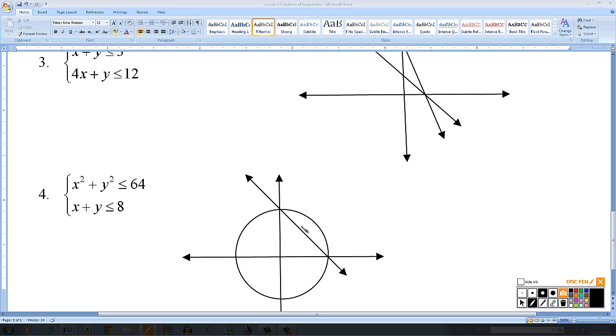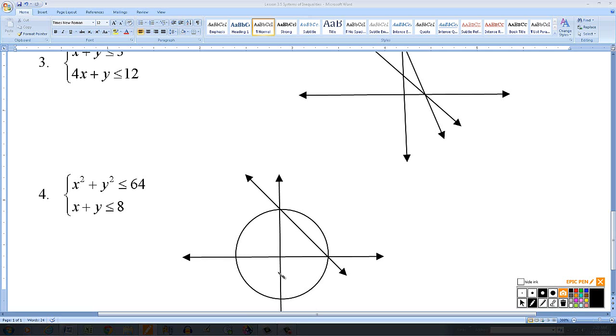For the second one, if I use again the test point 0, 0, replacing the x and the y by 0, I get 0 less than or equal to 8. That's true. Okay, so since the test point falls below the line, then I want to shade below the line. So for your solution set, I want the region that's common to both these two solution sets. So for the final solution, I want to shade everything inside the circle that is also below the line.